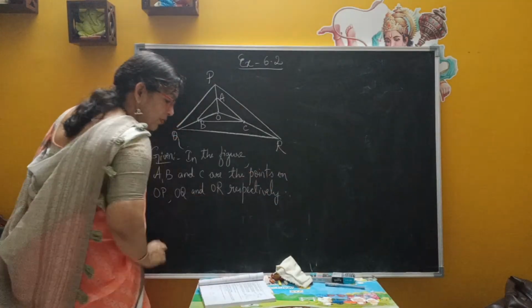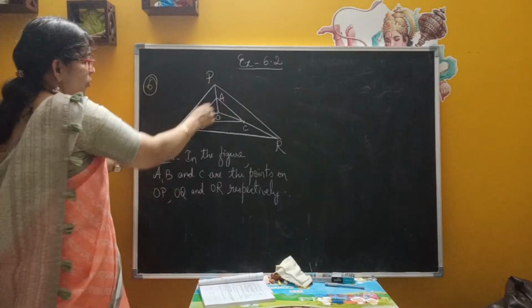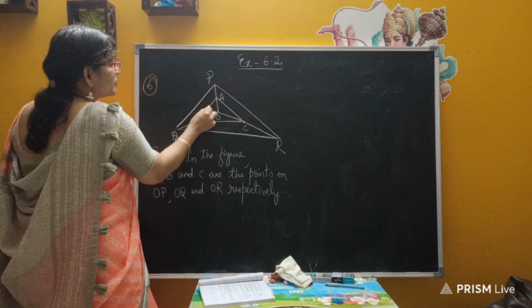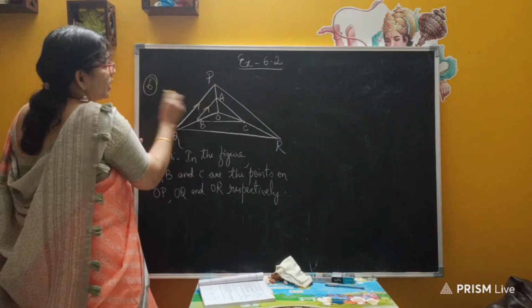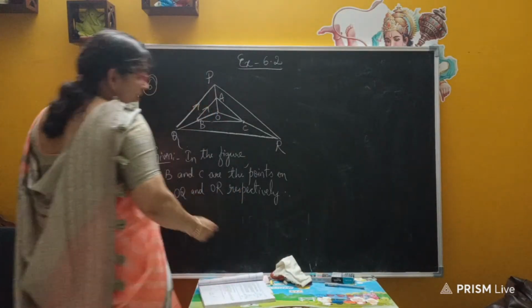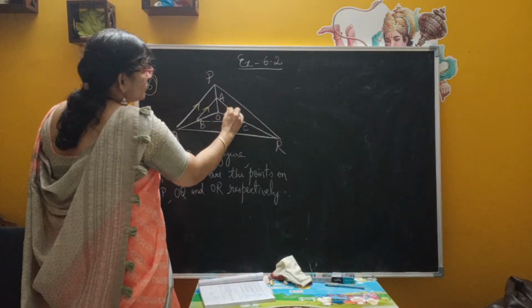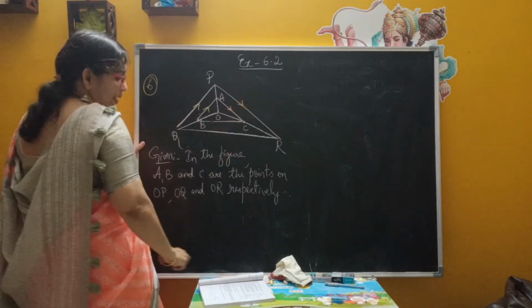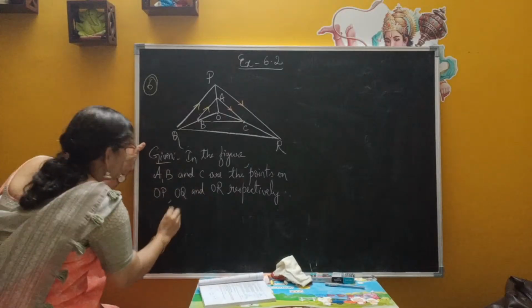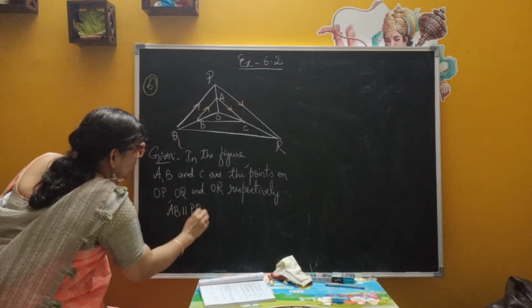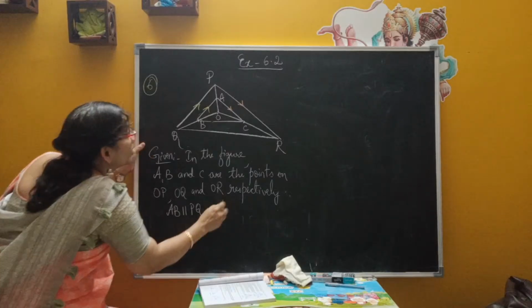And what else is given? AB is parallel to PQ. It is given. And one more set, which is AC parallel to PR. These two are parallel lines.